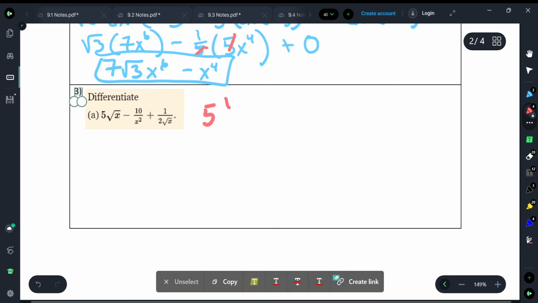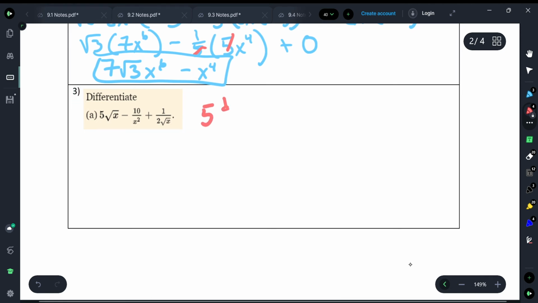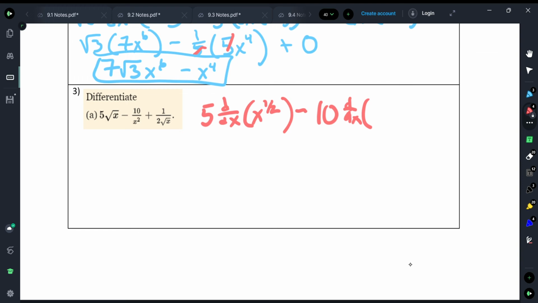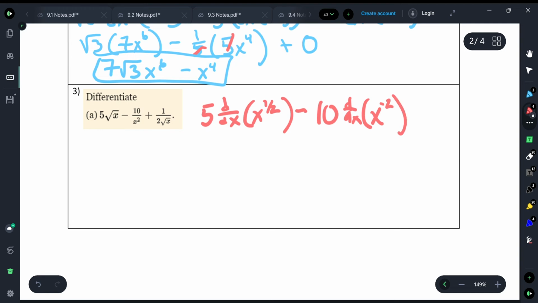So I'm going to have 5 times the derivative of, I'm going to rewrite it as x to the 1/2 power. Okay. All right. Minus, I got 10 right here because that is my constant on top, and then I have x to the negative 2 power because it was x squared at the bottom in the denominator.